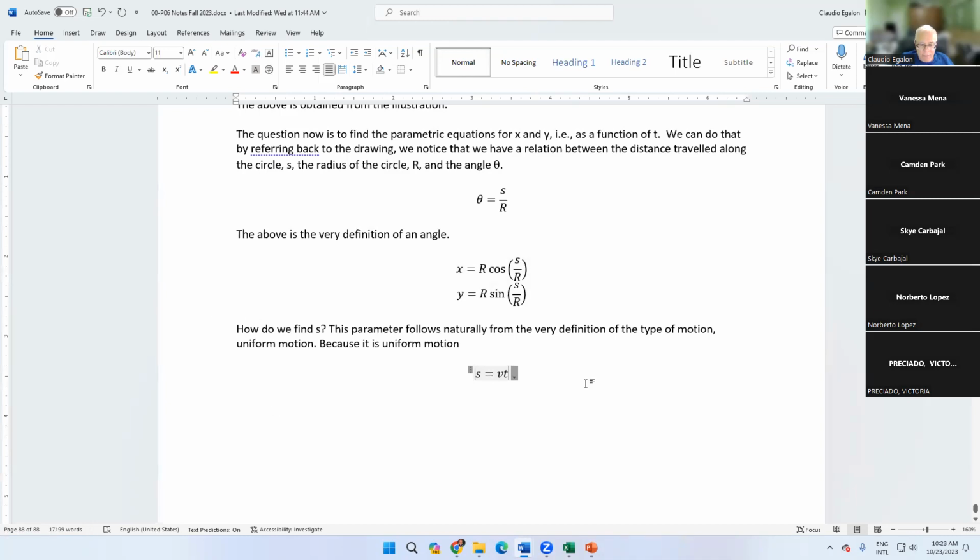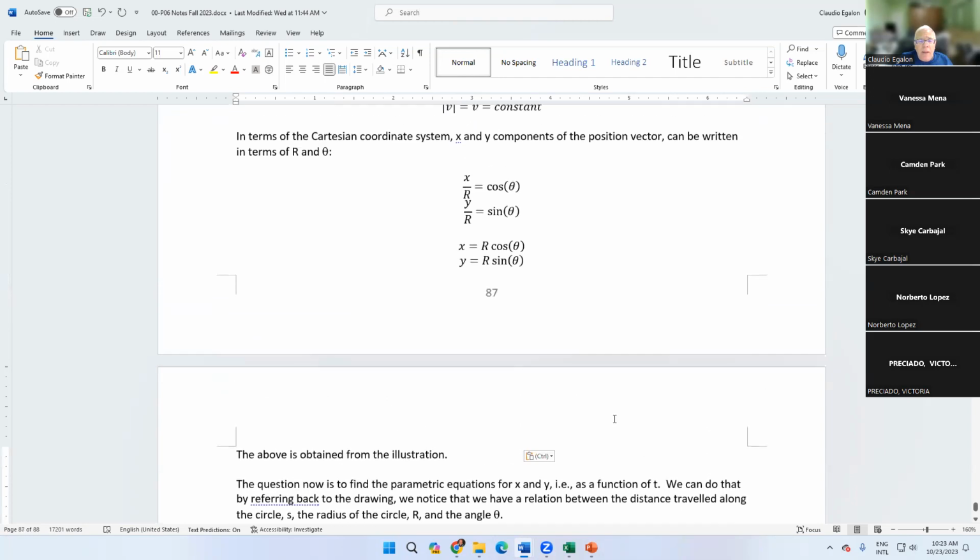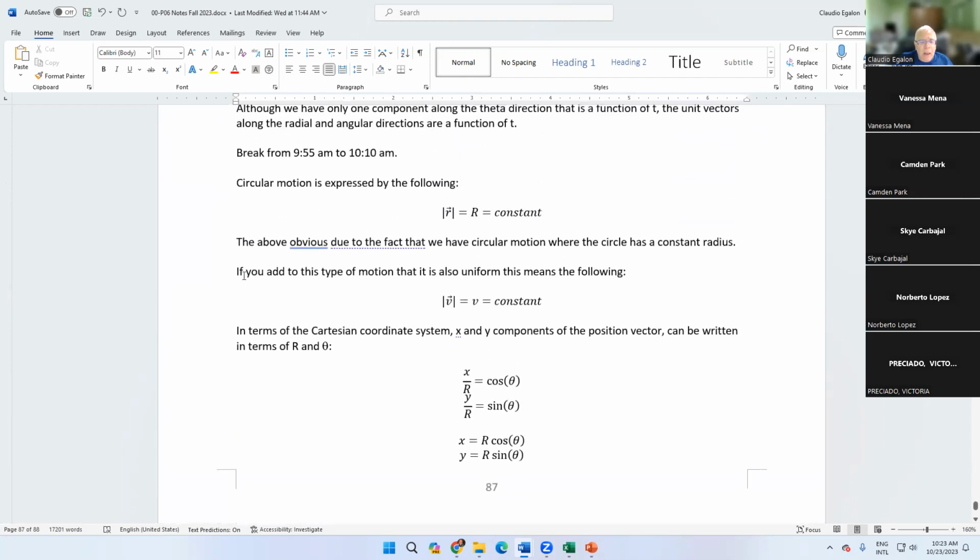And now here we go. We can replace VT right here for S. And you have the equations of the motion for the position, the parametric equation. And we also have the equation of the motion for the coordinates, in the polar coordinates.